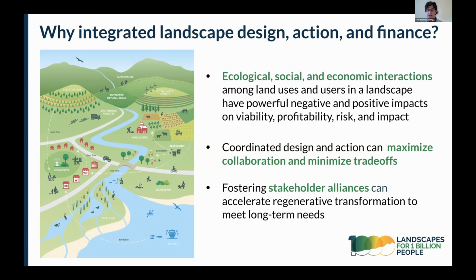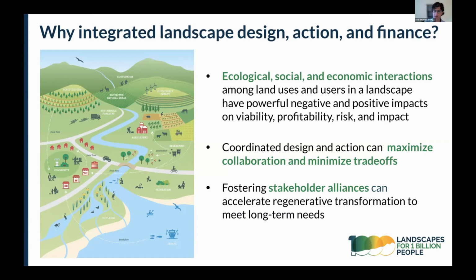And when we talk about landscapes, we mean large areas where people, nature, and economic activity interact over time. And a landscape may be defined as a watershed, a biological corridor, a jurisdiction, a food shed, an indigenous territory, and there are many other terms that describe this basic set of actors and process within a sort of spatially defined area.